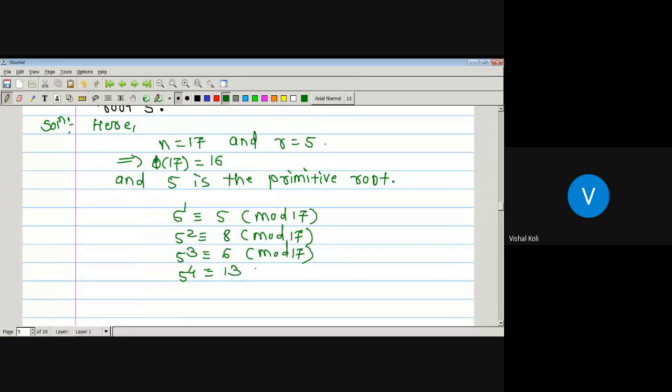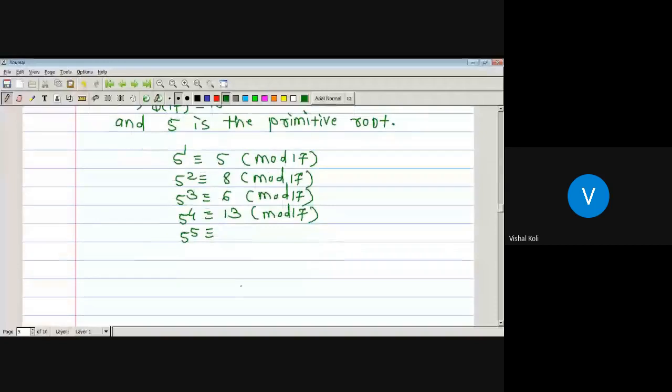Over modulo 17 it is 13. 5 to the power 5 is congruent to 13 into 5, 65 over modulo 17, which is 14 modulo 17. 5 to the power 6 is 14 into 5, 70, the value of 70 over modulo 17 is 2. 5 to the power 7 is congruent to 5 into 2, which is 10 modulo 17.